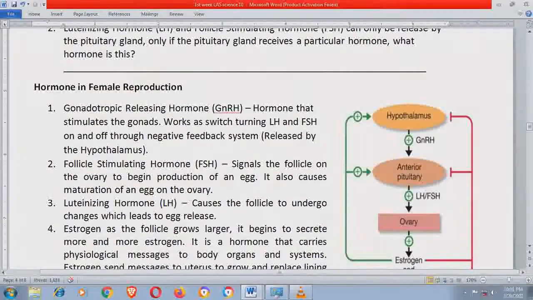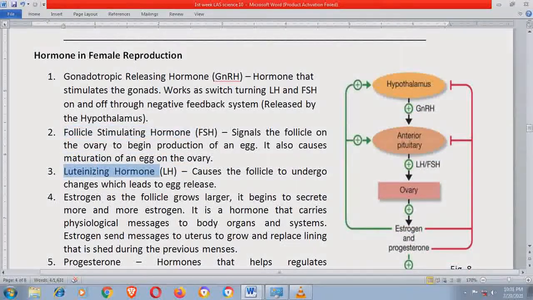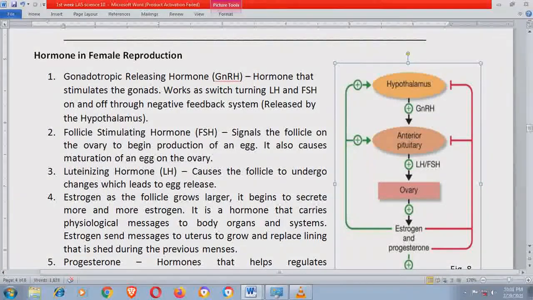Female reproduction hormone. So, again, meron tayong gonadotropic releasing hormone. Meron tayong follicle stimulating hormone, luteinizing hormone, estrogen, and progesterone. So, dito, parehas lang din, no? Ito pa rin yung pinakauna. Tingnan natin to. Mas maganda kasi ipaliwanag to.